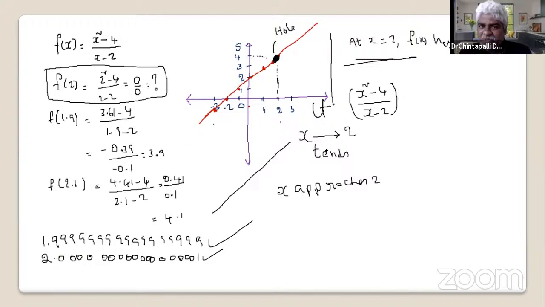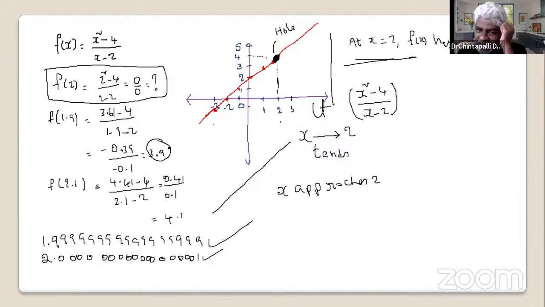When X is approaching 2, for the values of X approaching 2, we get values like 3.9, 3.99, 3.999. So the X value is trying to reach 2.